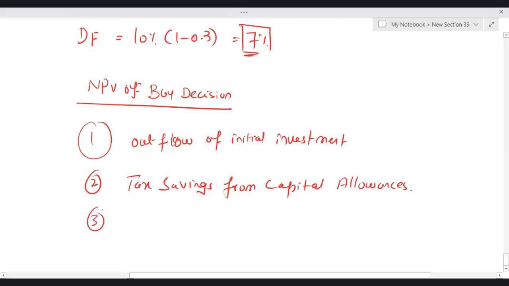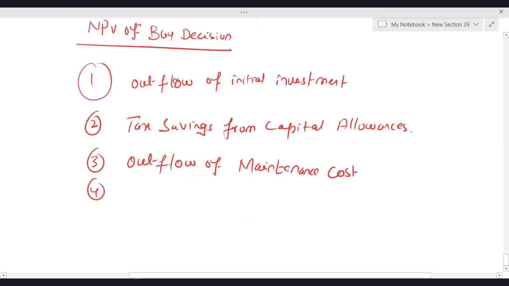Third, if there is a maintenance cost, then outflow of maintenance cost. Then tax saving from this maintenance cost.